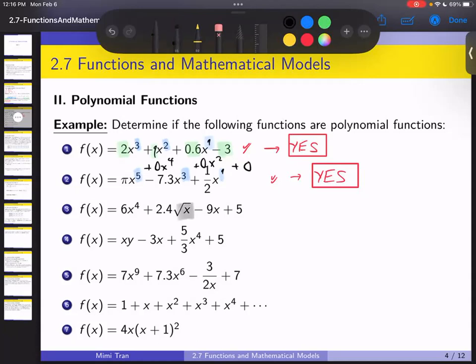What's the power of the square root of x? You better write it in rational form: x to the 1/2, right? And 1/2 is not a natural number. Remember, the power only belongs to the non-negative integers. 1/2 is not an integer. So because of that, it is not.